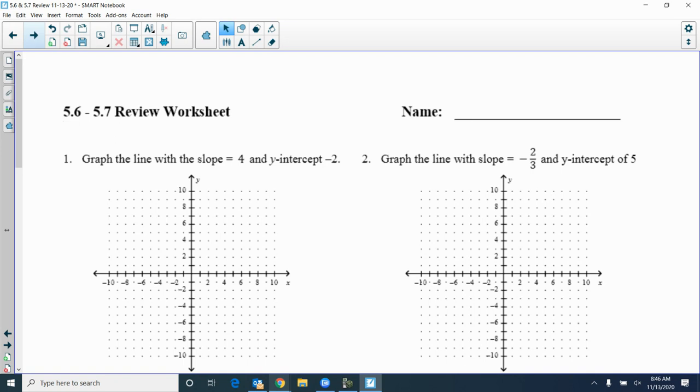This is typically one of my strongest classes. That last test was not indicative of your ability. There should be room on this sheet to do your work.